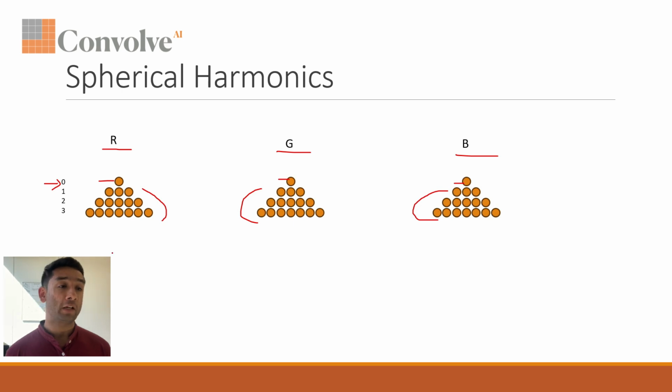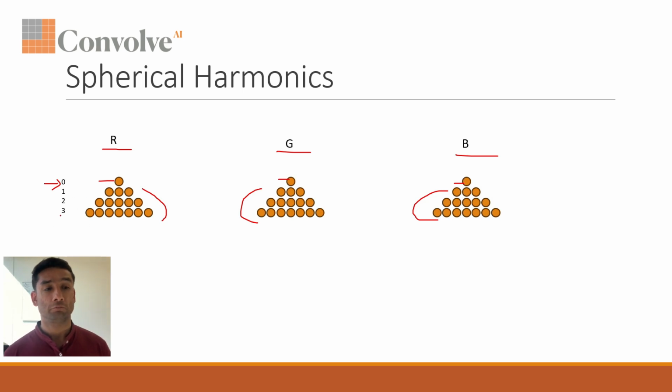The 0th order spherical harmonic defines the maximum contribution to the color. The higher order spherical harmonics are more towards high frequency components. So the majority of the color will be defined by the 0th order, and then the higher order spherical harmonics will add high frequency information into that particular rendering.